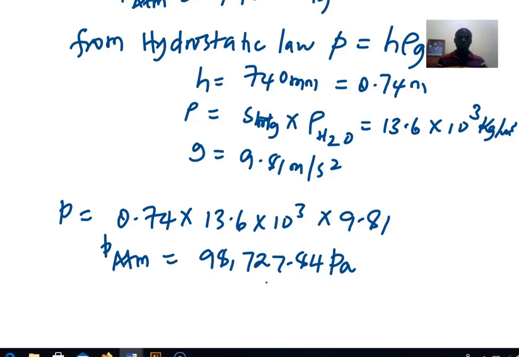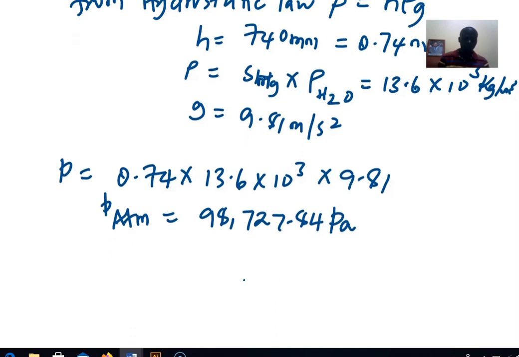So we need to convert this to bars, then later on we can find the absolute pressure in bars and in pascals.